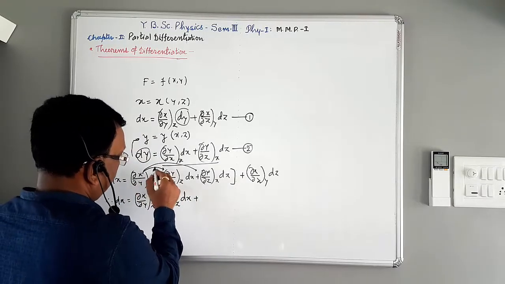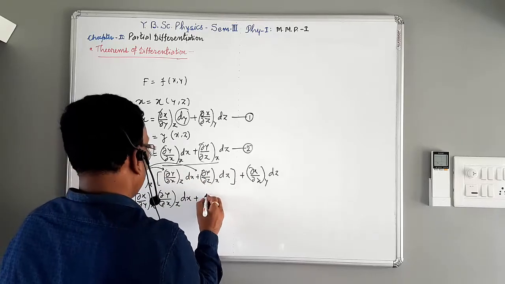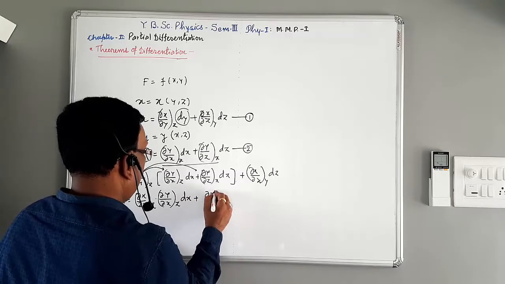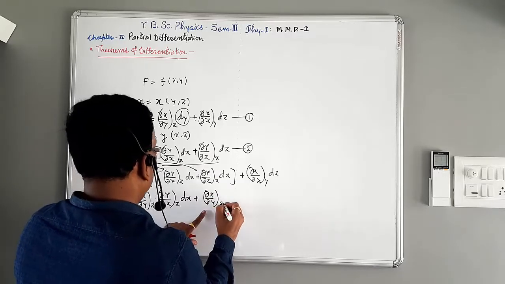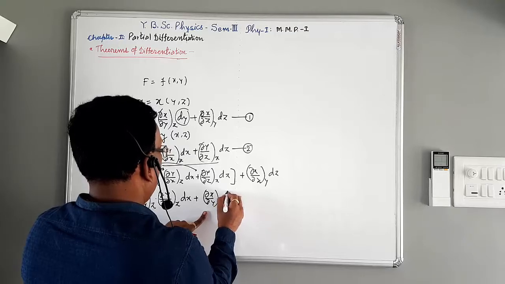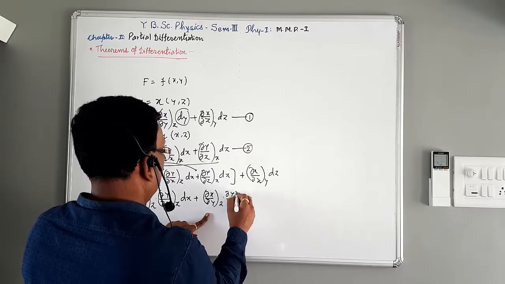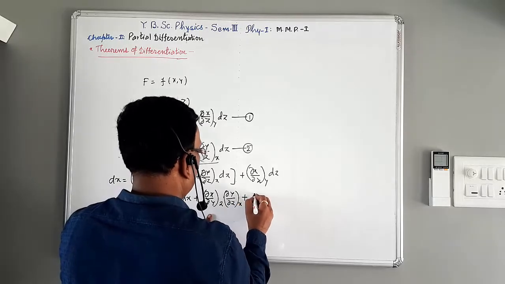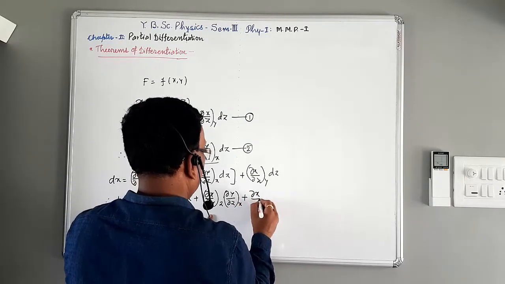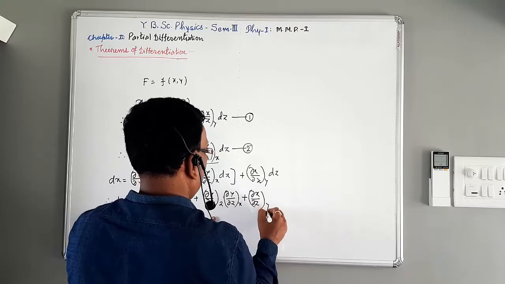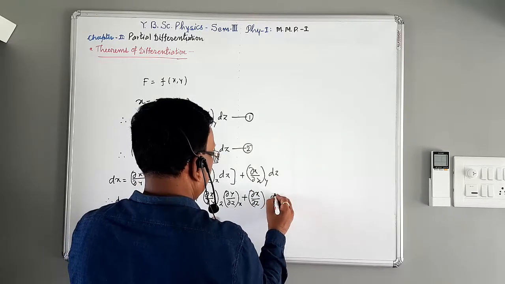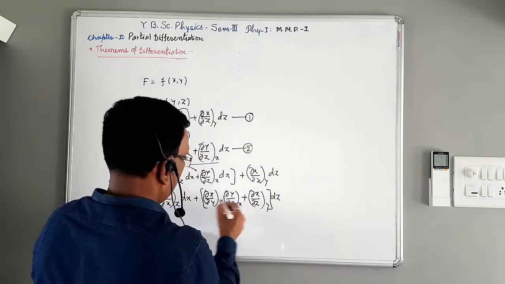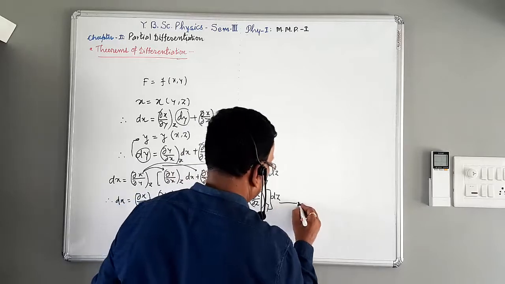Now this is the second multiplication. We have delta x by delta y at constant z into delta y by delta z at constant x, plus delta x by delta z at constant y, and this dz is common for these terms. This is equation 3.